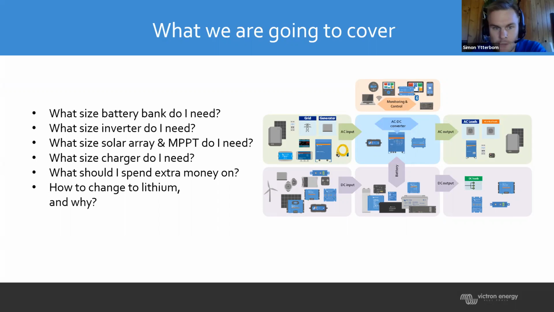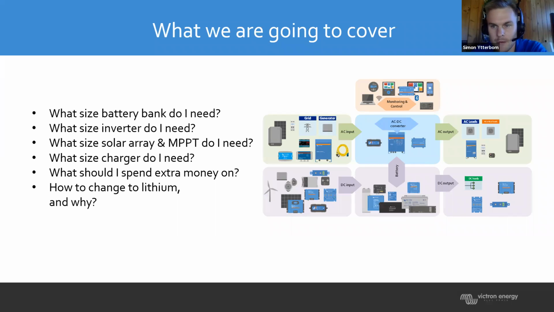Solar array and MPPTs, charge regulators if you're choosing to have solar on your boat, as well as chargers. How big of a charger can I use depending on what kind of battery I have, and well, how fast I can possibly charge my system. We're also going to take a quick look at what we should spend extra time and money on.